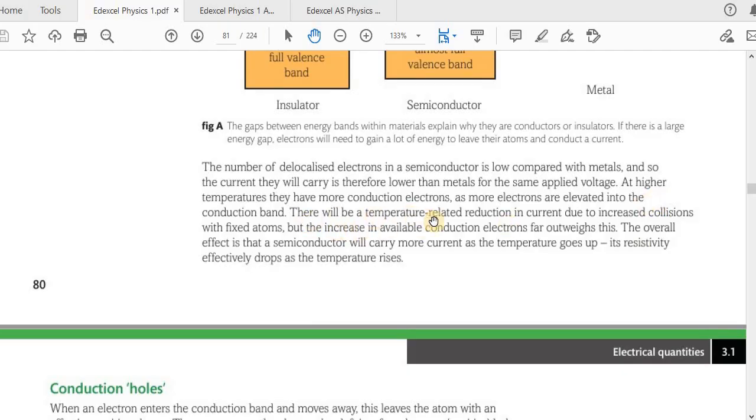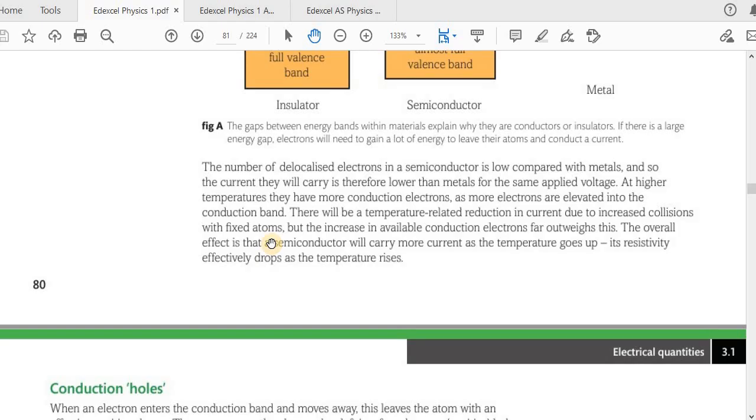There will be a temperature related reduction in current due to increased collisions with fixed atoms. Now in the case of metals you saw that this is significant. When you heat a metal, the resistance increases because the metal ions vibrate faster and also with a greater amplitude, which makes it difficult for the conduction electrons to pass through and carry the current, right?